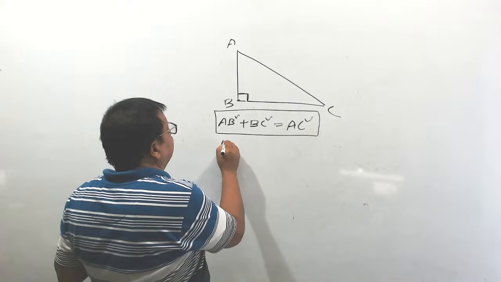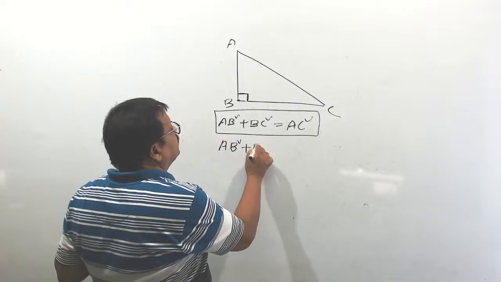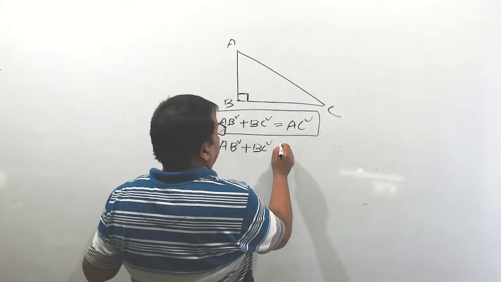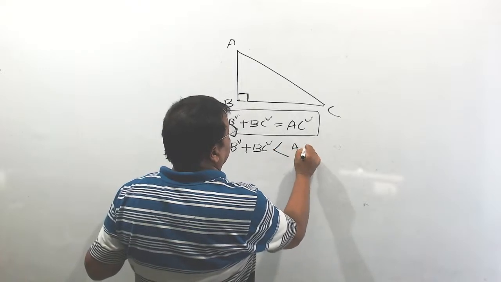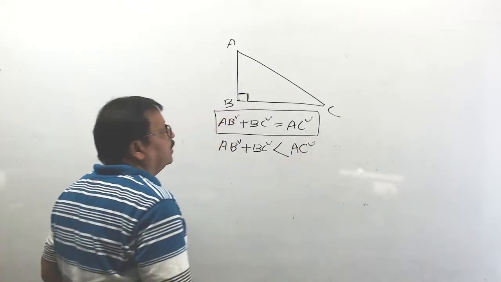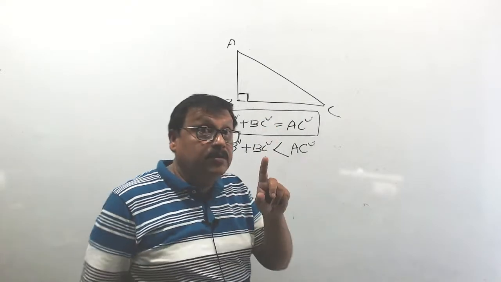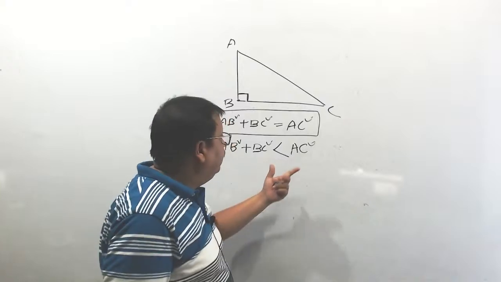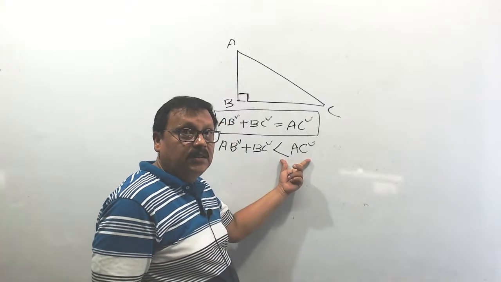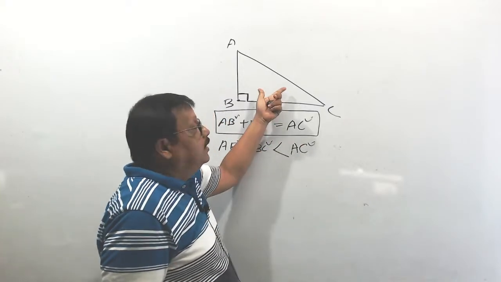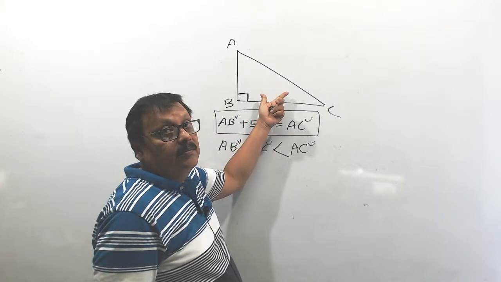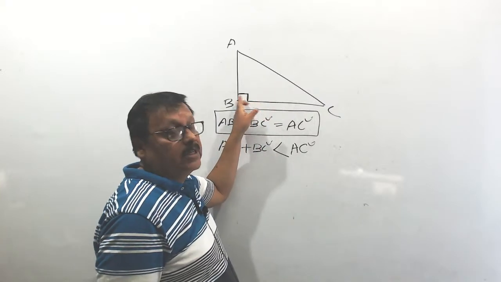But if AB square plus BC square is less than AC square, then the triangle will be an obtuse angle triangle. If AC square is greater, then the triangle will be obtuse angle, that is, B will be an obtuse angle.